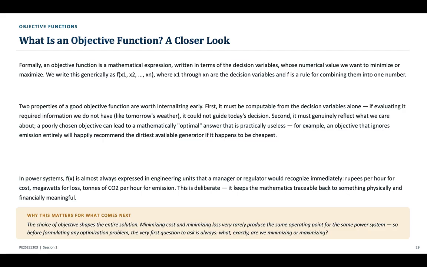In power systems, f(x) is almost always expressed in engineering units that a manager or a regulator would recognize immediately: rupees per hour for costs, megawatts for losses, tons of CO2 per hour for emission. This deliberately keeps the mathematics traceable back to something physically and financially meaningful.